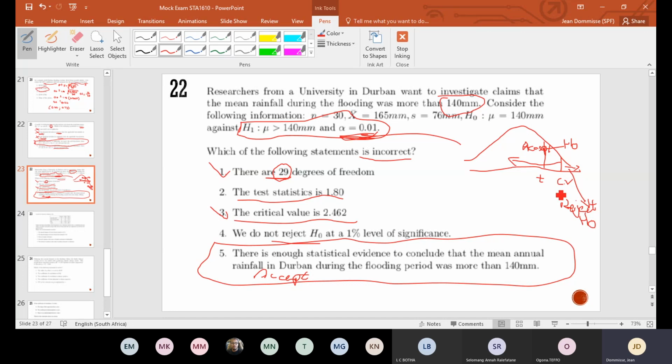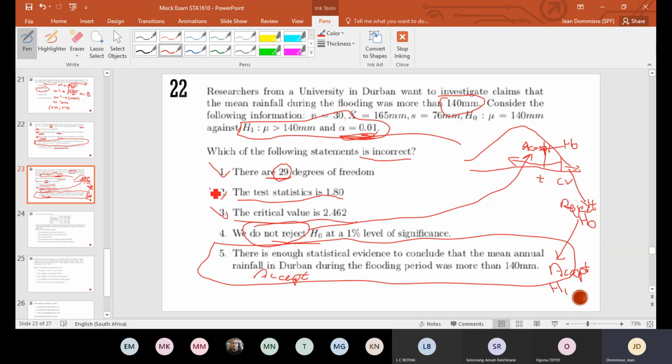If it is bigger, we reject the null hypothesis. If we reject the null hypothesis, we basically accept the alternative hypothesis. So if we do not reject, that is basically the same as we accept it.